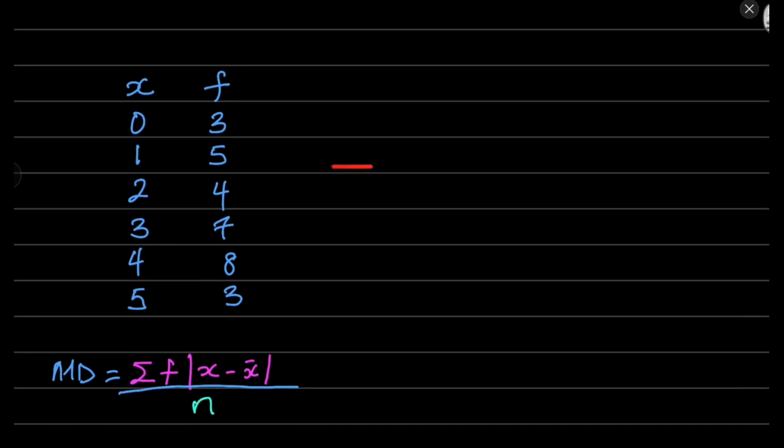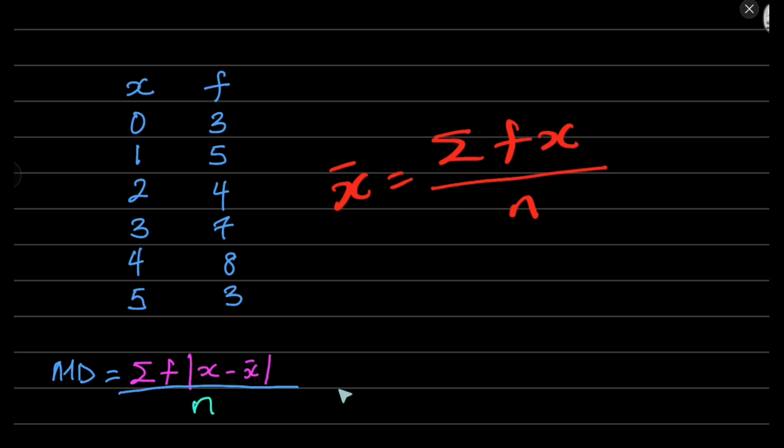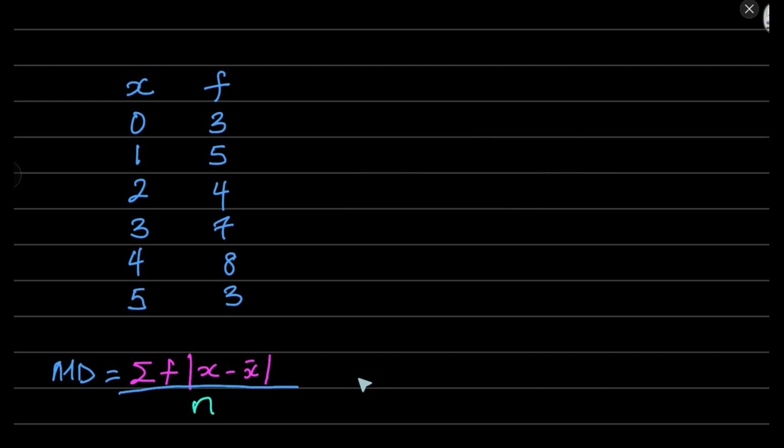And if I'm to remind you of the formula for the mean for an ungrouped frequency distribution, it will be summation f times x over n. Let me put that down in blue. So we have summation f times x over n.